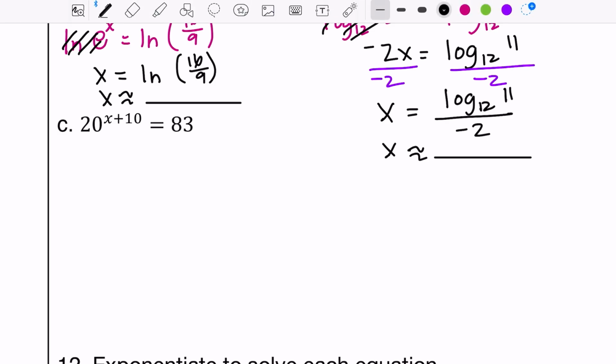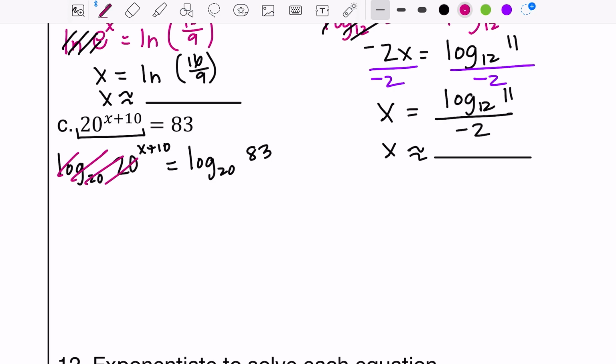The pattern just continues. Again, we have this right here, 20 to the x plus 10. We don't have to divide anything out because the base is already isolated. So what we're going to do is take a logarithm of base 20 of both sides. And then this log base 20 will be undoing 20.